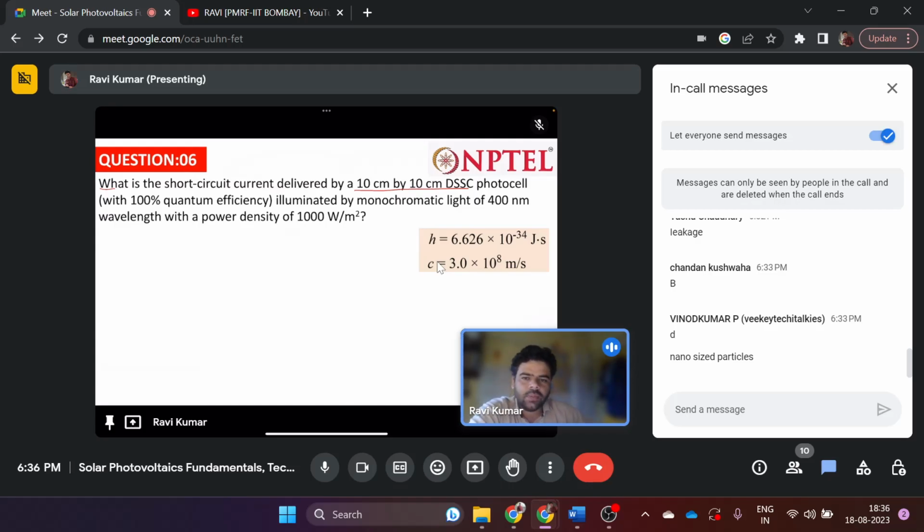It is being illuminated by monochromatic light of 400 nanometer wavelength with a power density of 1000 watt per meter square, and these are the options. Please solve it. If you need any help, just write in the chat box or ask directly.